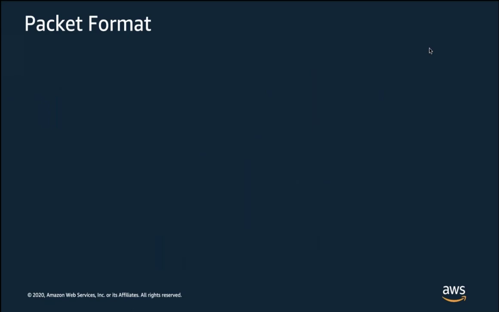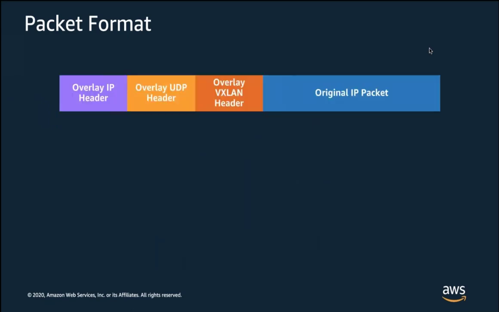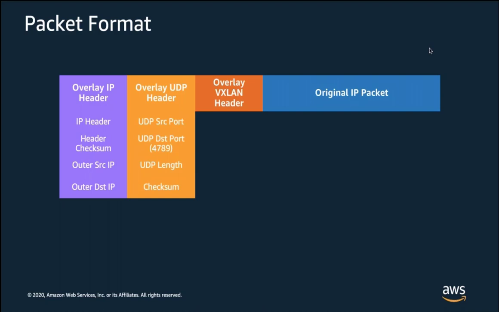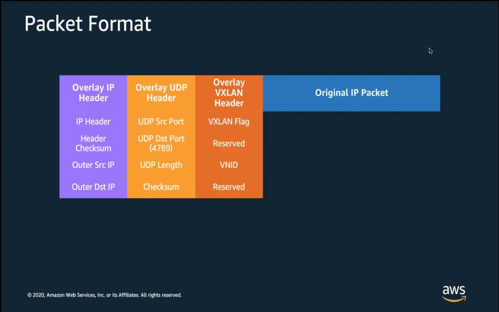So what's the packet format that you can expect to see in your network when you enable traffic mirroring? First, there will be an overlay IP header. This is the IP address of the source and the target that you will see in there. That is then wrapping a UDP header, where we're using UDP port 4789, that then includes a VXLAN header.